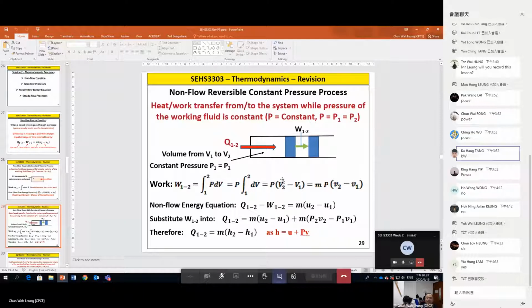So we simply substitute 1 and 2 into that, and it becomes V2 minus V1. So the integral from 1 to 2 of dV becomes V2 minus V1. And then we can simply multiply the pressure back because it is a constant value. Therefore, for a constant pressure process, the work becomes pressure times the volume change, V2 minus V1.